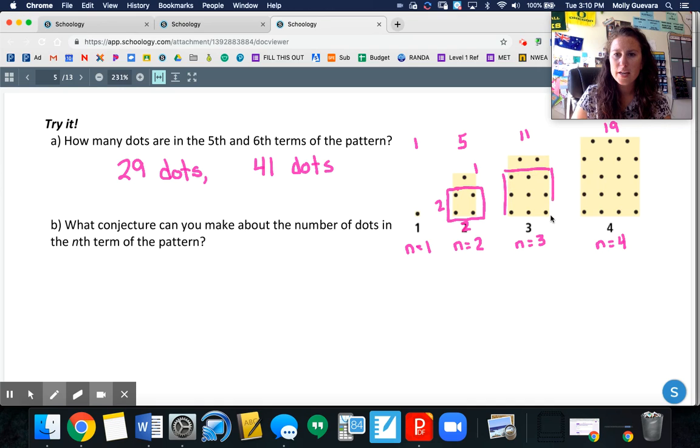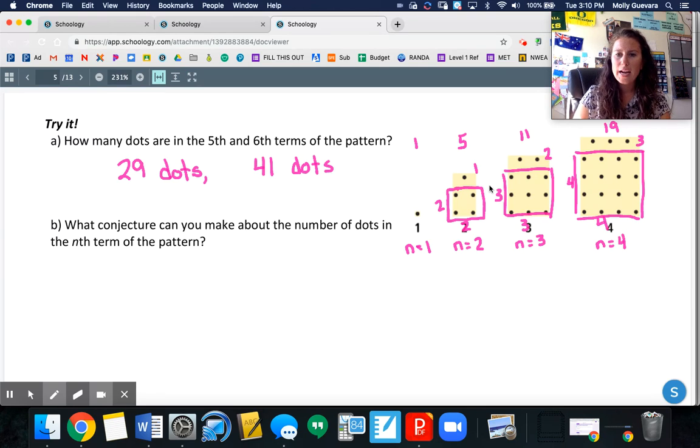And then here, this guy is 3 by 3, and then this is 2 extra at the top. And in this square, we're looking at 4 by 4, and then 3 here at the top.